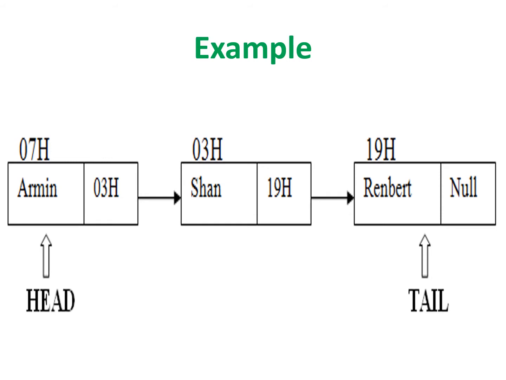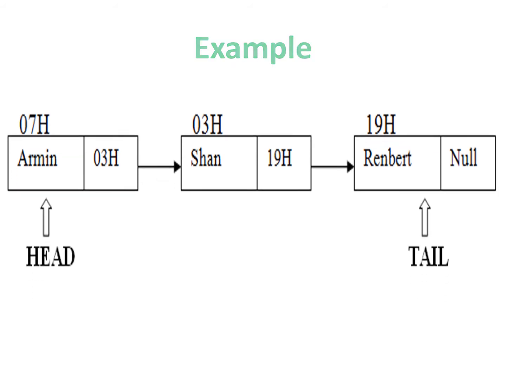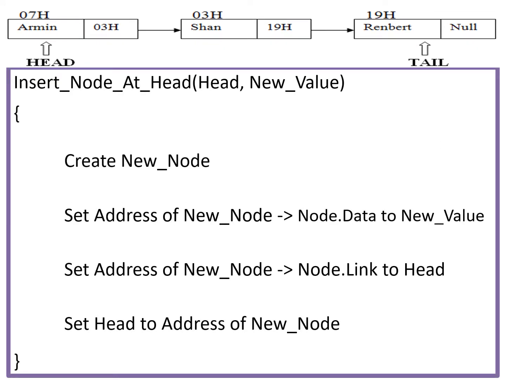So, let's have this example. Let us say we have existing nodes of the linked list. We have 3 nodes, Armin, Chan, and Renberg, stored in address 07H, 03H, and 19H. Based on our previous algorithm, we now convert that into pseudocode.